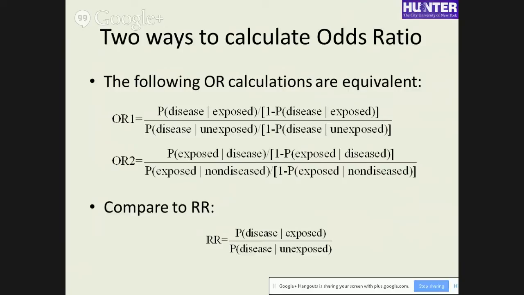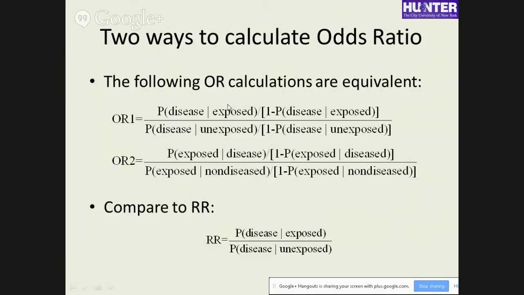Yeah, question? It's like defining PPV versus sensitivity. Well, the relationship between these two calculations does have to do with that same kind of a difference.